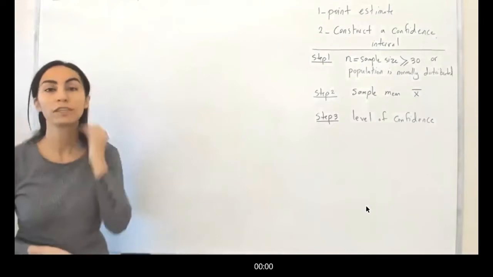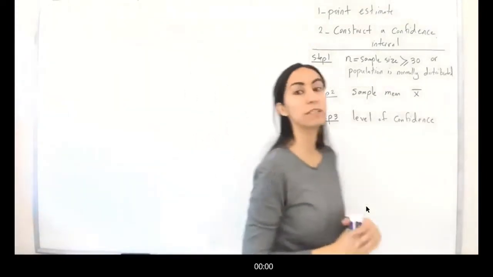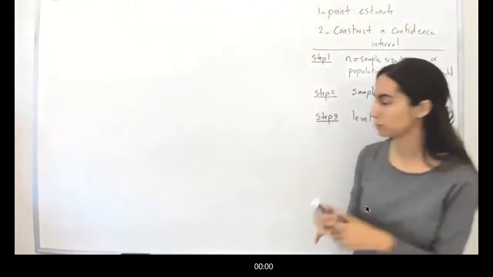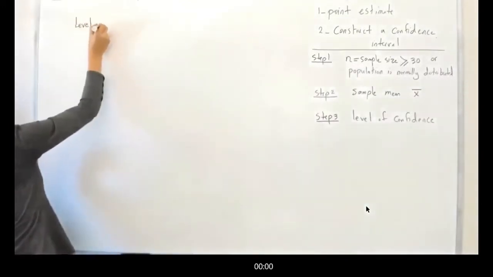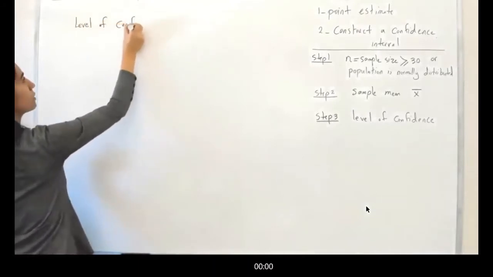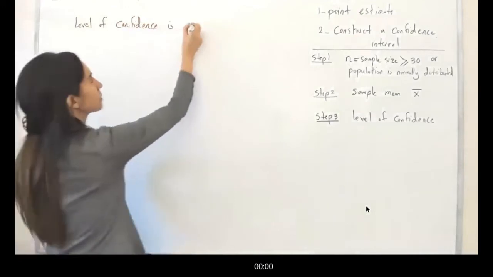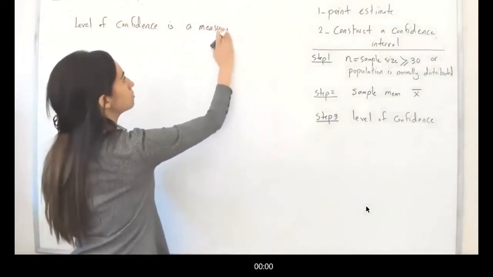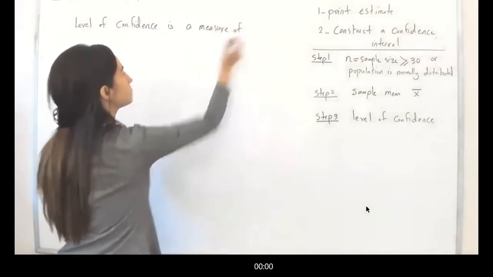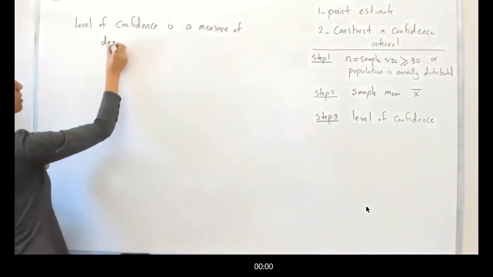The level of confidence, or C, is actually just a measure of degree of reliability.